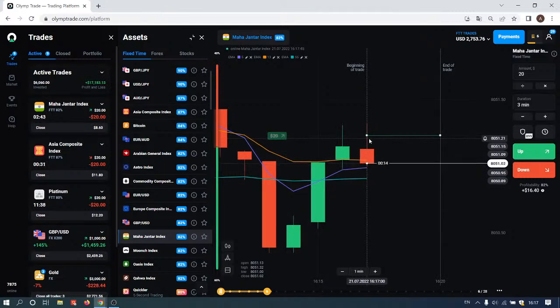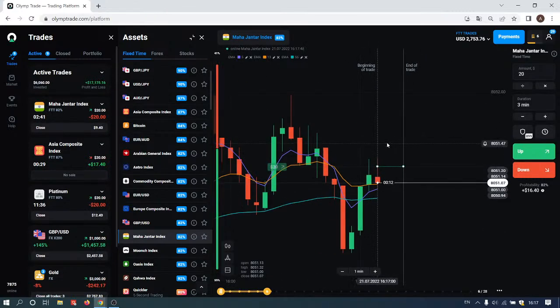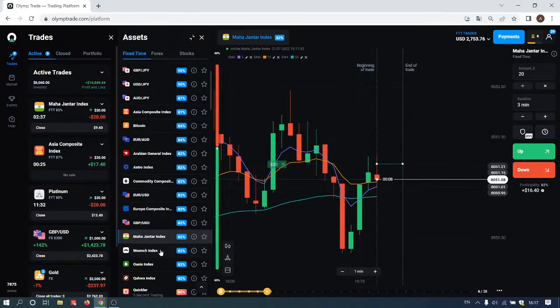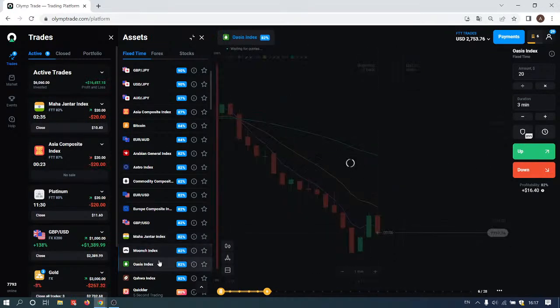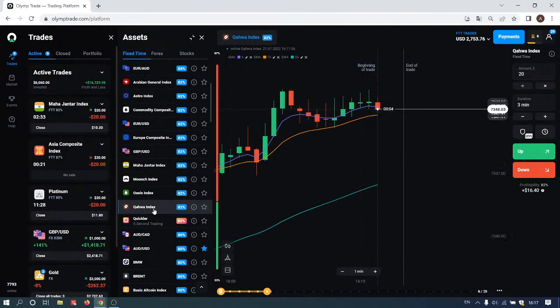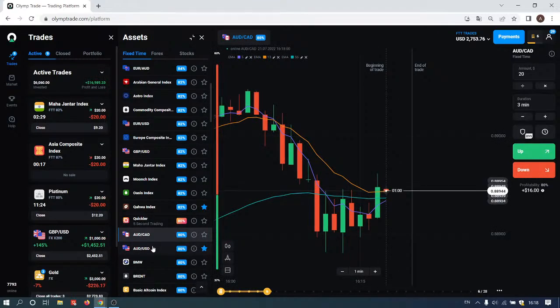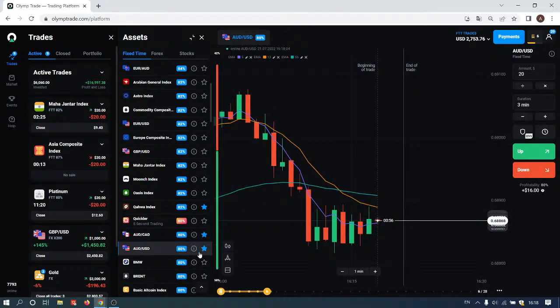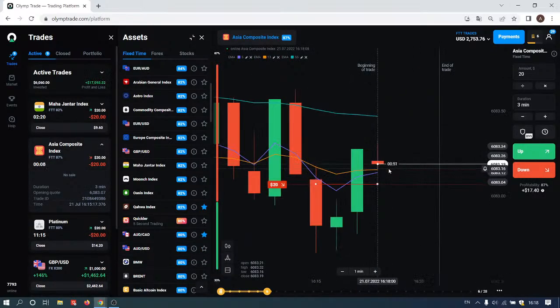Nevertheless, the signal was clear, and I opened a trade in the upwards direction on Argentar index. I mark some assets here which might be interesting for me in the nearest time.